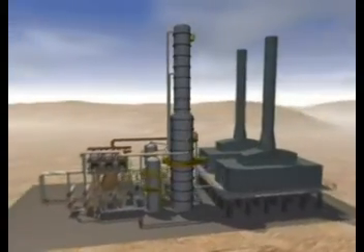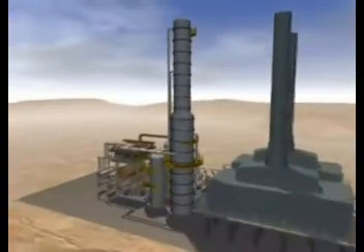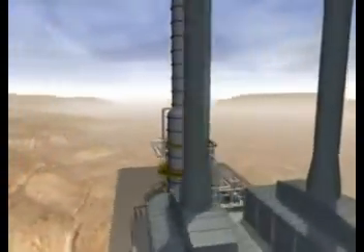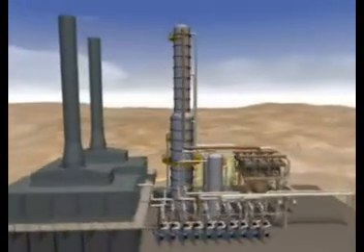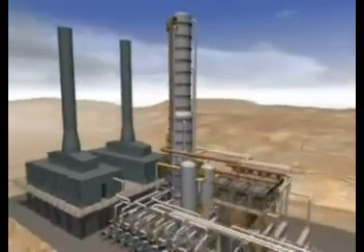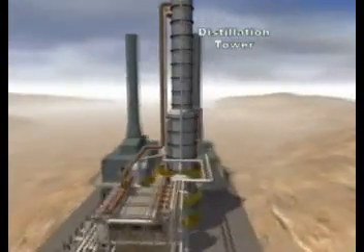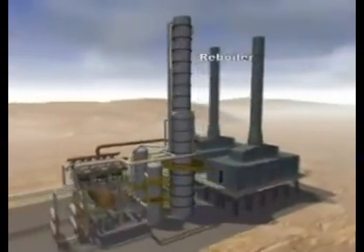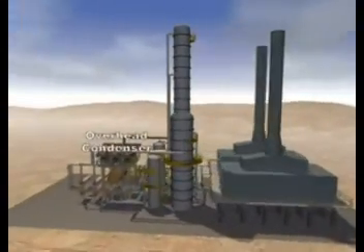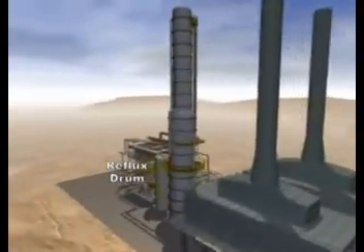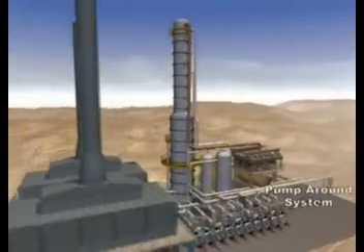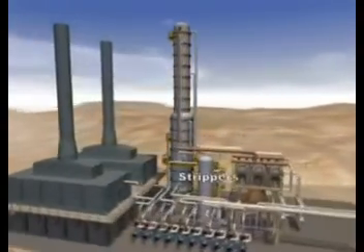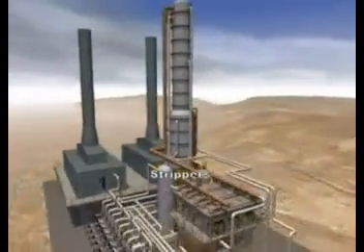This concludes fundamentals of distillation operation. In summary, we've discussed the common components of a fractionation plant. These include the distillation tower, reboiler, overhead condenser, reflux drum, intermediate reflux or pump around system, and strippers to service side draws.